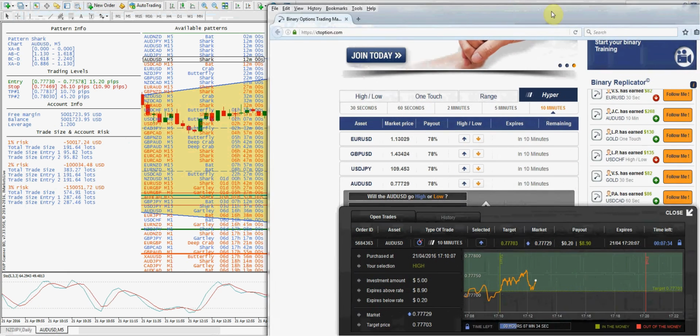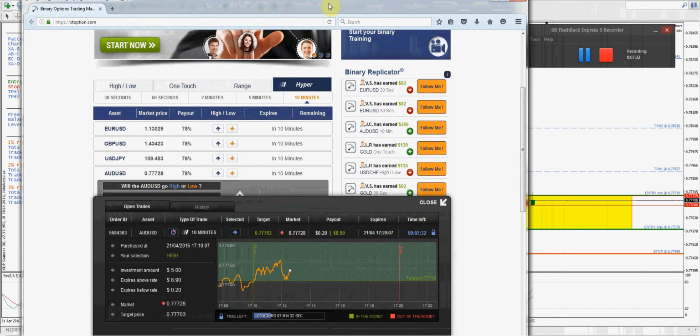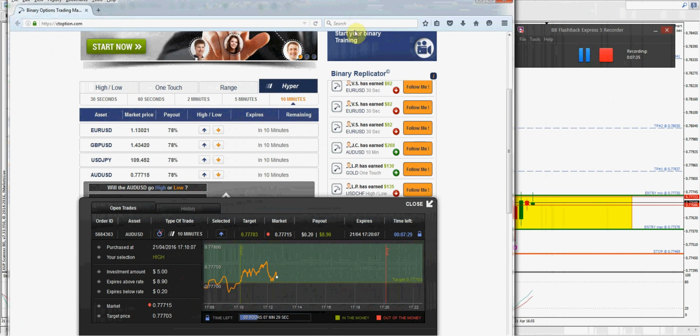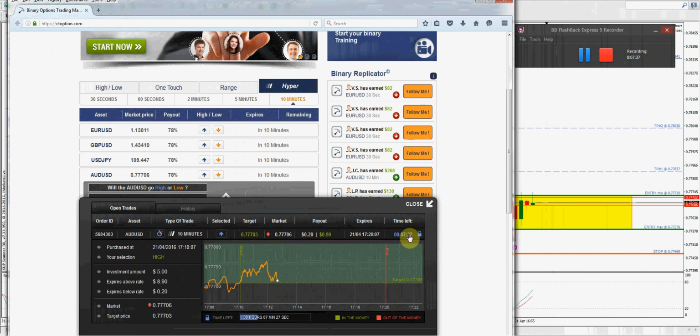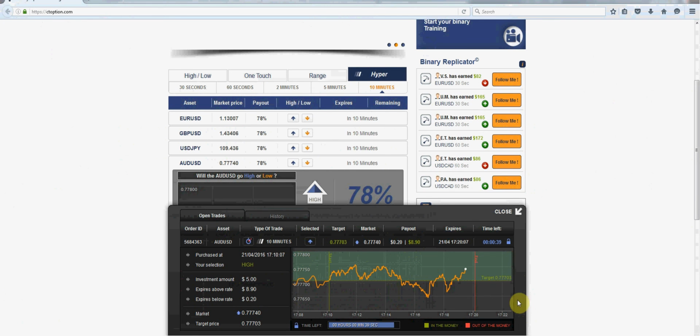So we'll continue watching this trade and see what happens. And I'll come back to you guys hopefully about 50 seconds until this ends, and we'll see where we're at. All right, folks, we're about 30 seconds out.